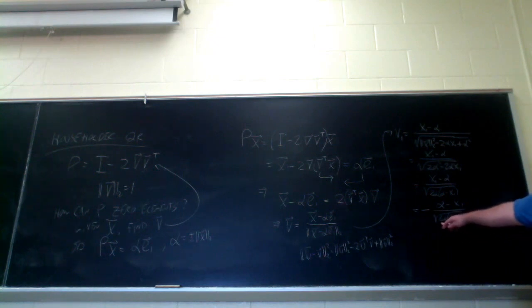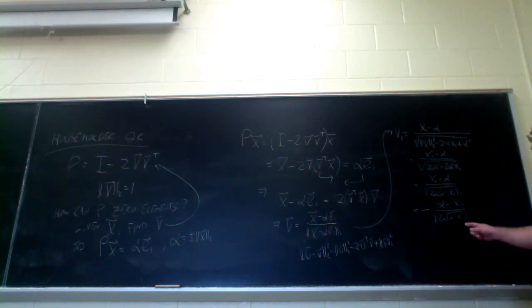But if alpha is negative, then this had better be negative. And that's going to introduce, because I assume by default that square roots are positive square roots, another minus sign.